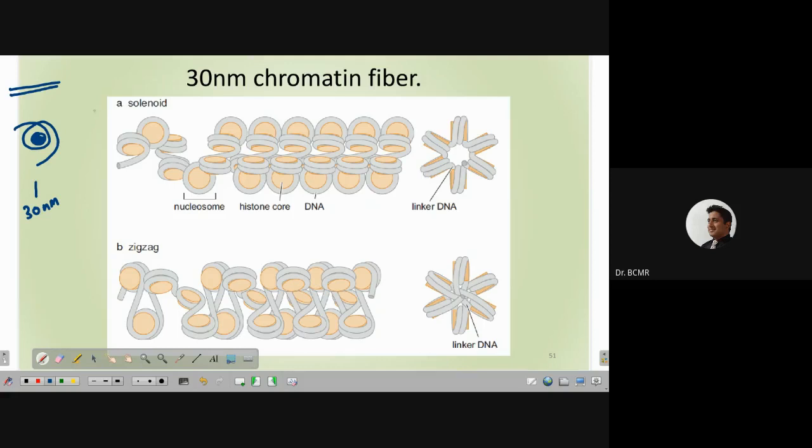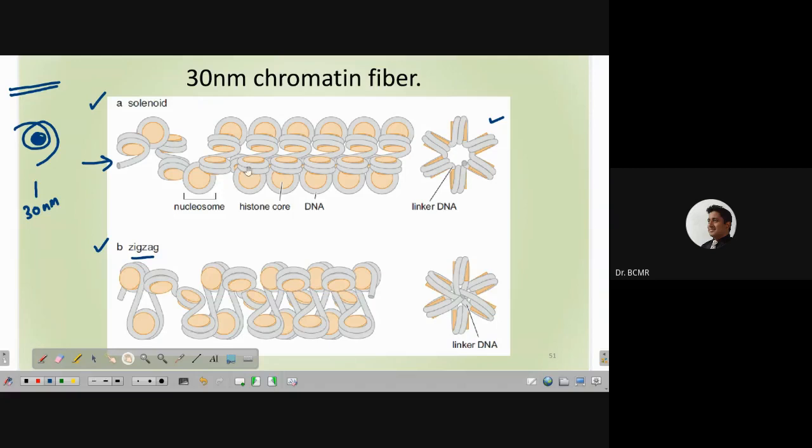There are two possible ways of DNA winding around itself. One is called the solenoid, and the other is called the zigzag. If you look from this view, looking inside, it would look something like this. In the solenoid, the arrangement is something like a spring, right? And then you'll have higher levels and so on.